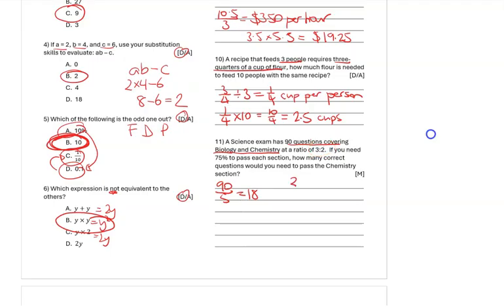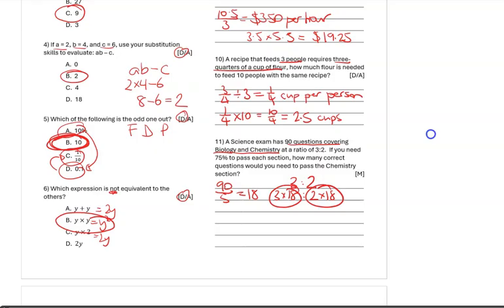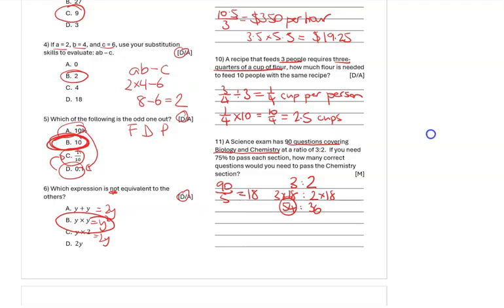So if we have 3:2, that means it's 3 times 18 and 2 times 18. Do you see how I'm multiplying each part of the ratio by 18? And when I calculate all that, I get 54 to 36. So remember, the 54 is biology and the 36 is chemistry.